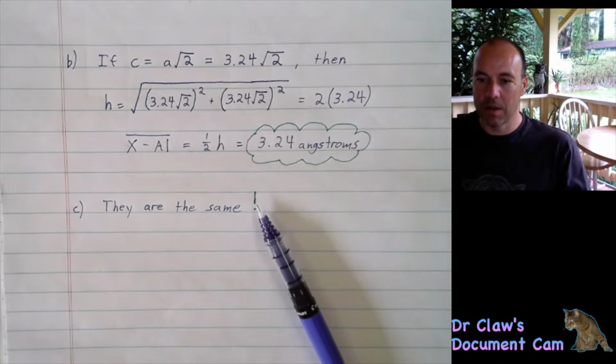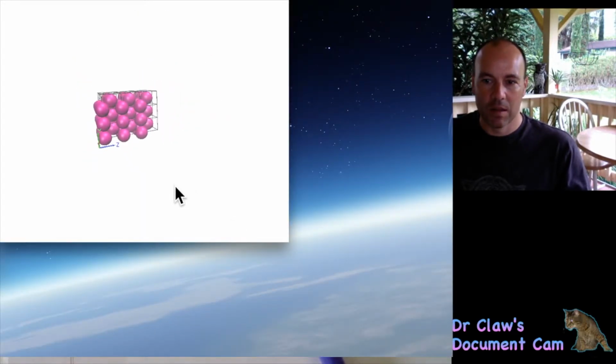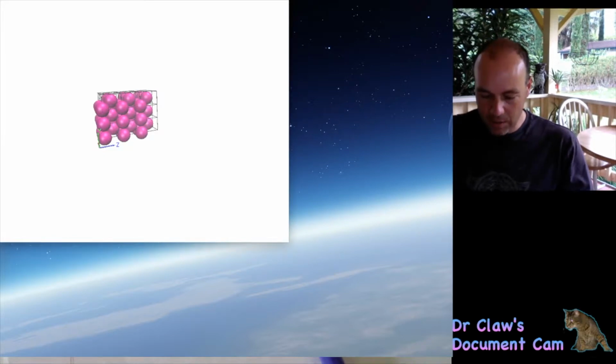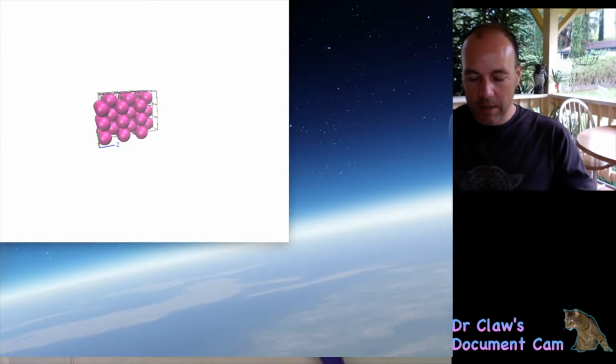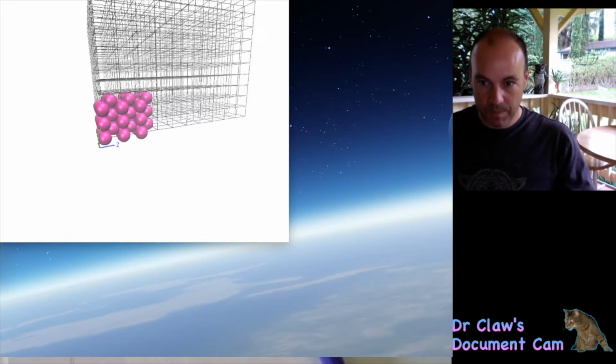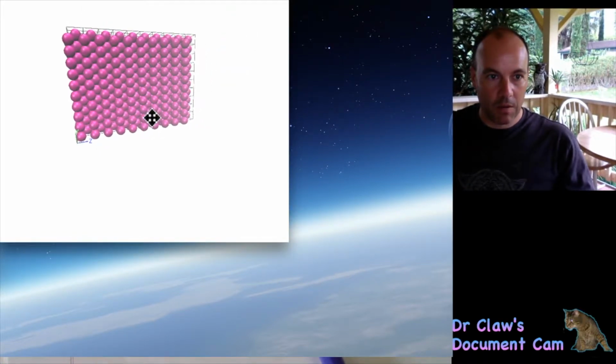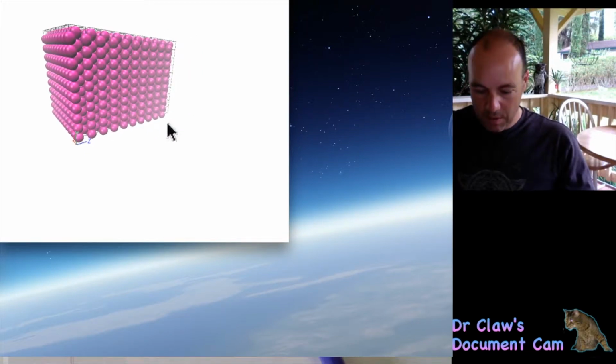So here we go. You can see the lattice for part B. All right. Now let's go ahead and draw a 10 by 10 by 10, and let's put that over here.